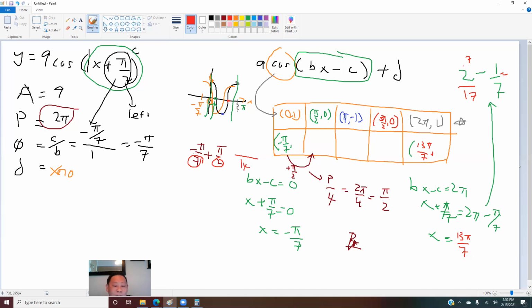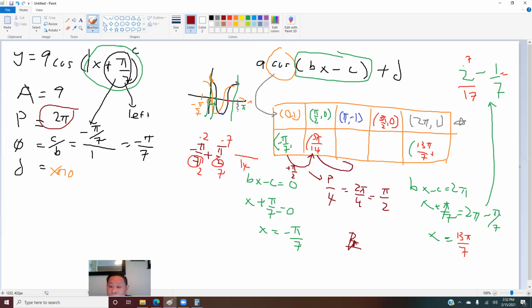What do you need to multiply on this one? 2. And on the other one? 7. So what do you get? Negative 2 pi and 7 pi, which is 5 pi over 14. Okay, you do the same thing.